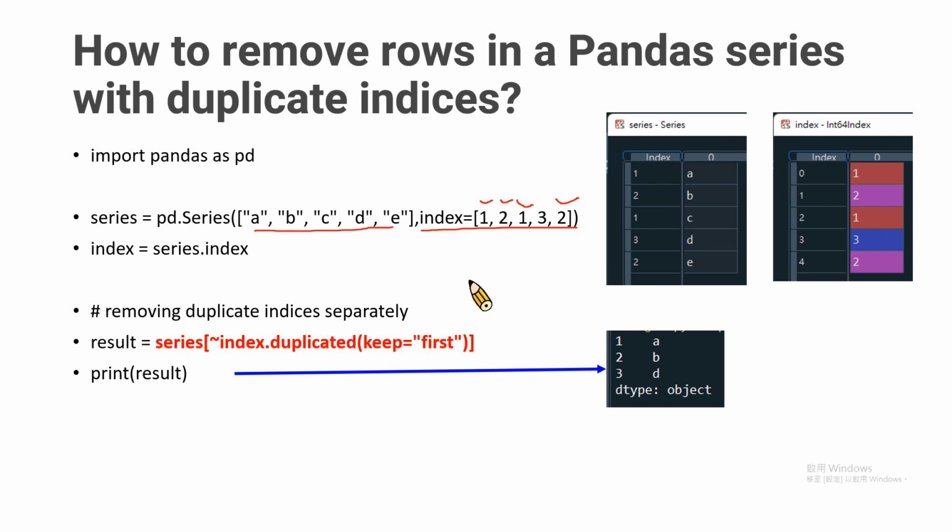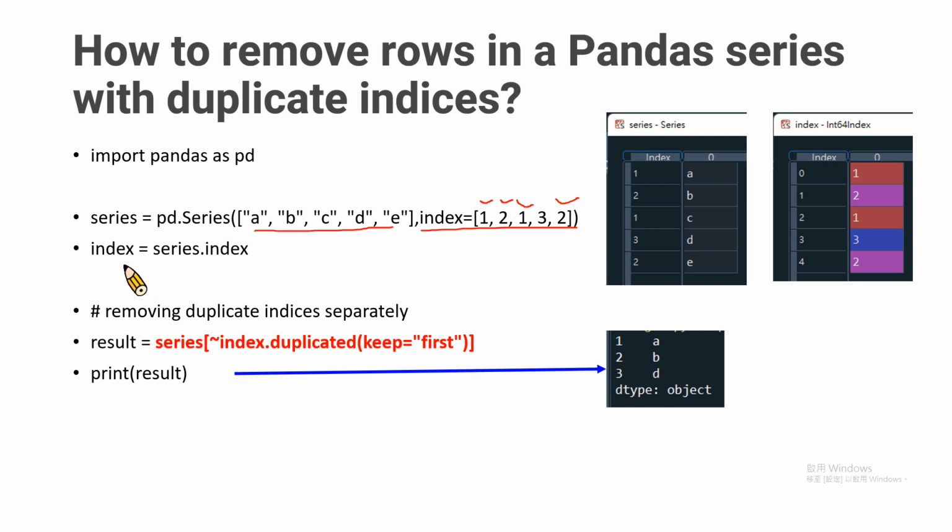So it is possibly noisy data, or even error data. Then we want to remove the duplicate index. We can choose which index and value should be kept in the series, and the other duplicate indexes and values are removed.